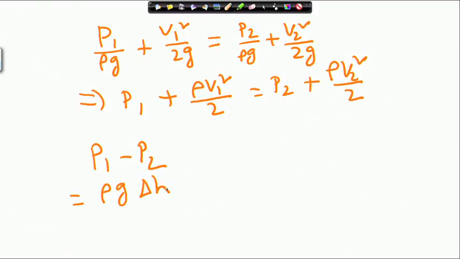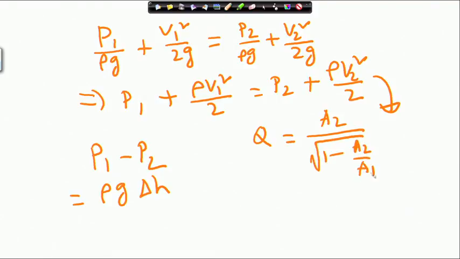Now, this equation, when coupled with the continuity equation A1 V1 equal to A2 V2, we know that we will obtain Q equal to A2 by square root of 1 minus A2 by A1 whole square into square root of 2 into P1 minus P2 by rho.